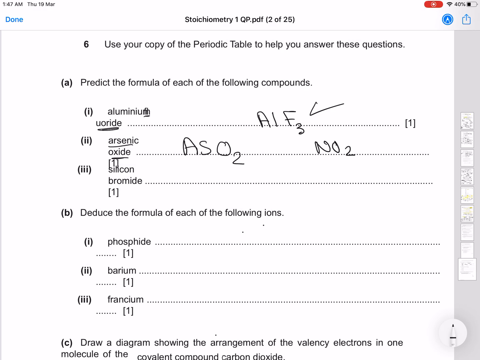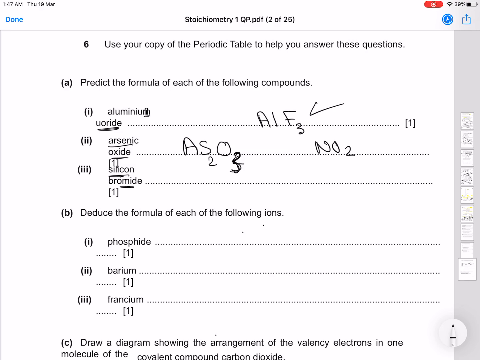So it would be hard to predict, but the arsenic oxide is As2O3. It won't come in the exam because it's hard for you to identify, because, as I told you, this is not an ionic compound.